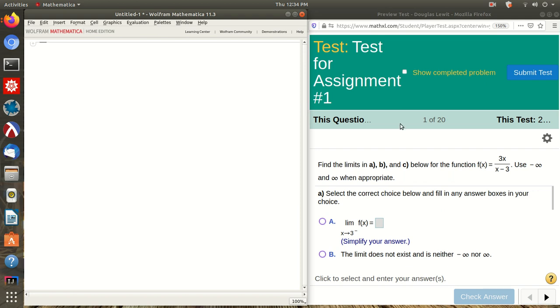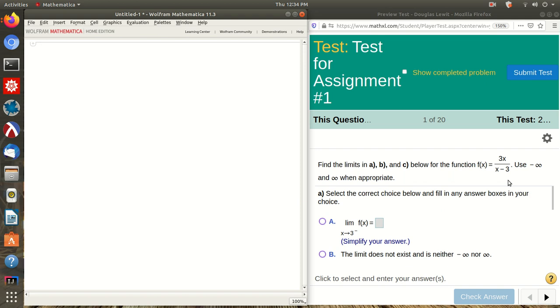For example, here in question 1, I see that f of x is equal to 3x over x minus 3. For you, maybe it'll be 5x over x minus 5, or 7x over x minus 7. You've got to be careful. Your numbers could be different. So this is not a situation where it's just monkey see, monkey do.